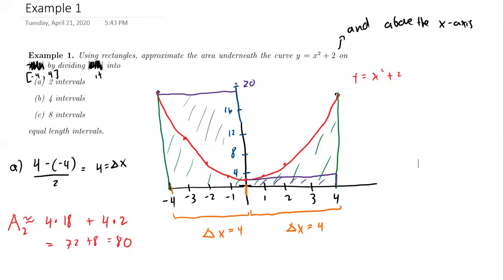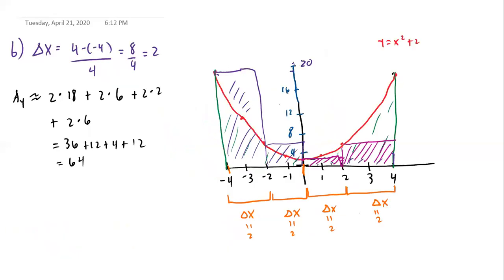See how much discrepancy there is between the area in each rectangle here in the 2 subintervals? Compare it with the discrepancy here. There is still a discrepancy, but it's less. For example, if you look at this subinterval here and this subinterval here, it's not the exact area, but it's close, right? So this approximation should be better.